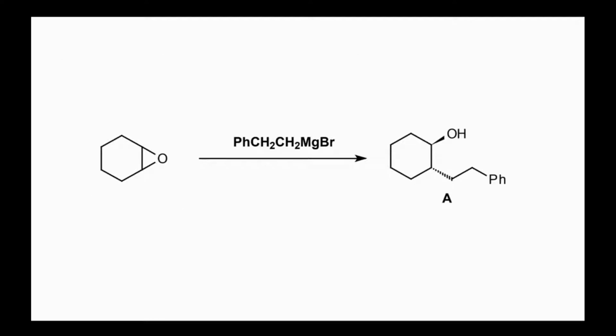Okay, let's see how you will do in this example. You have an epoxide and you are reacting this epoxide with Grignard reagent. What will you get? You will get alcohol on one side and alkyl chain on the other side. So the purpose of this slide is to show you that you can extend the carbon-carbon chain or carbon-carbon network by employing the Grignard reagent strategy.